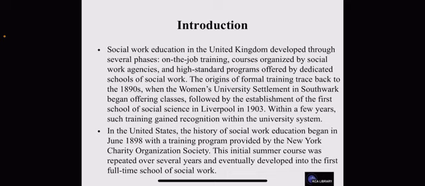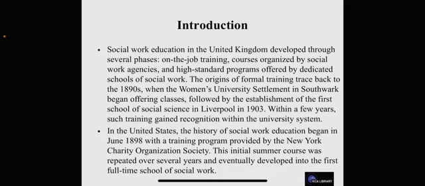The origins of formal training trace back to the 1890s, when the Women's University Settlement in Southwark began offering classes. This was followed by the establishment of the first school of social science in Liverpool in 1903. Within a few years, such training gained recognition within the university system.